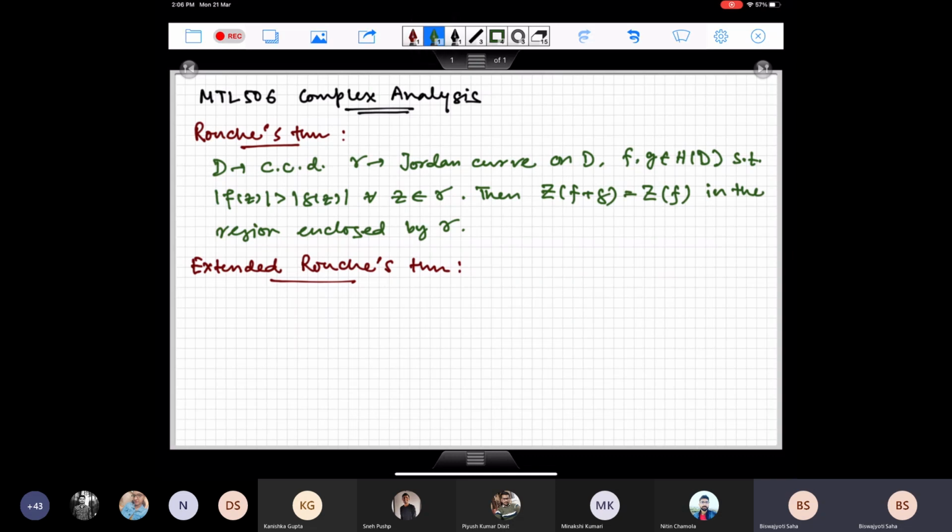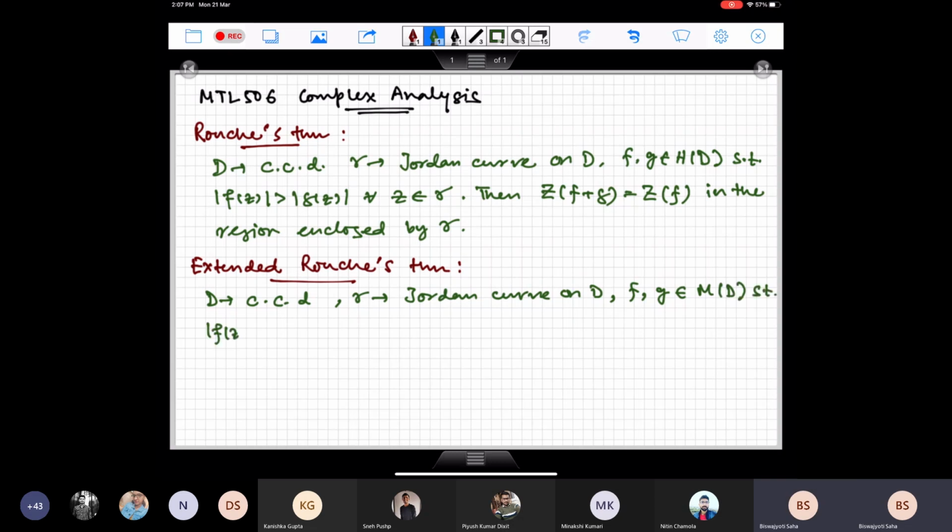Okay, so let's say I have exactly the same setup. Gamma is a Jordan curve, and in place of holomorphic functions, let us say I have meromorphic functions on D, and with the same hypothesis.